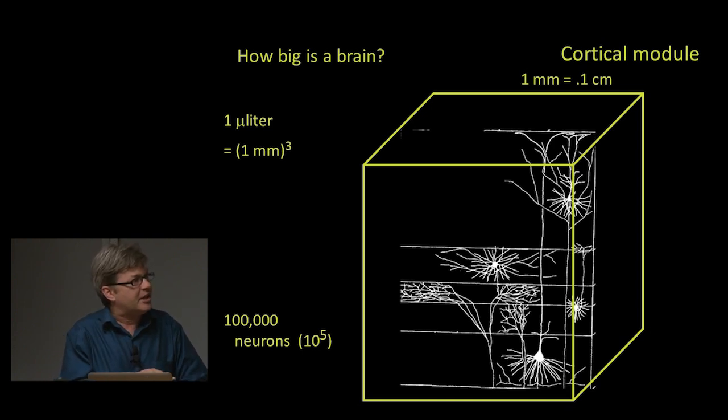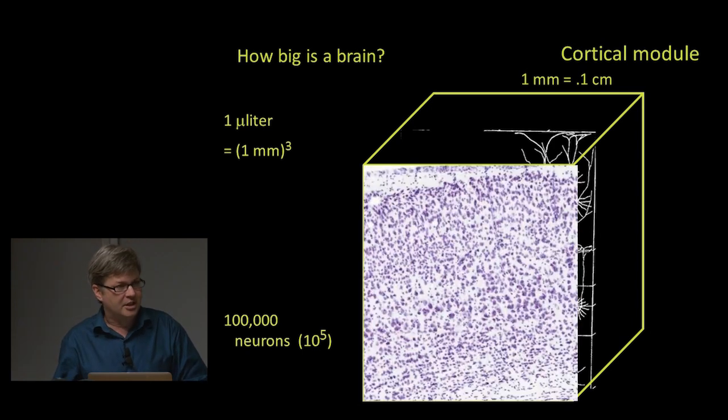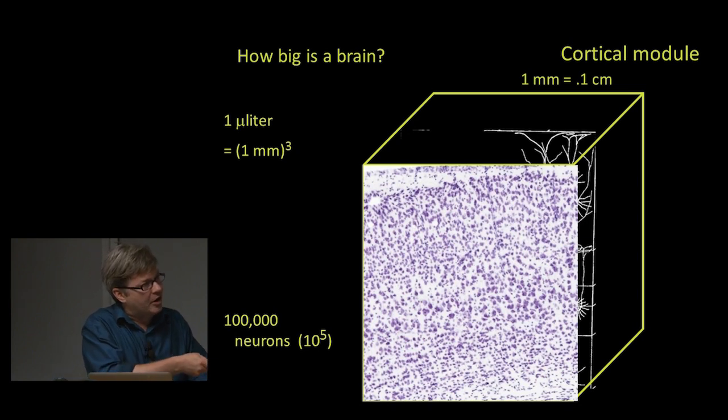But this is clearly not 100,000 neurons. These are just a handful of neurons that were drawn to illustrate what cortical neurons look like. Here we go. This is, again, from the same resource on the Allen Institute website. This is a square millimeter of cortex, and I'm just putting that on the face of this cube.